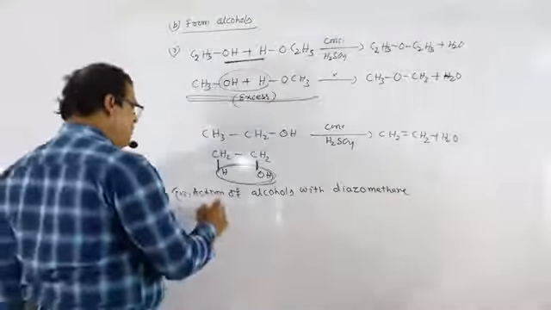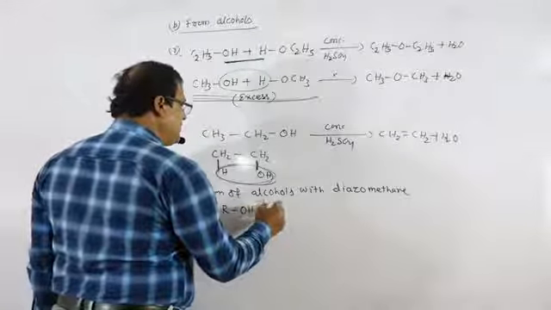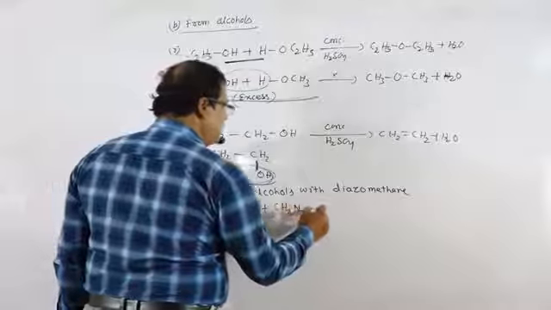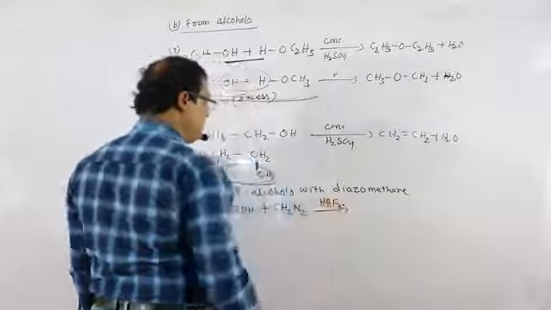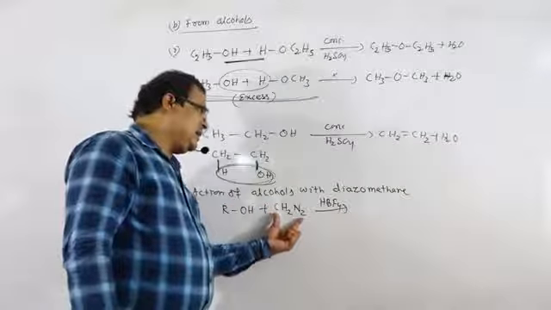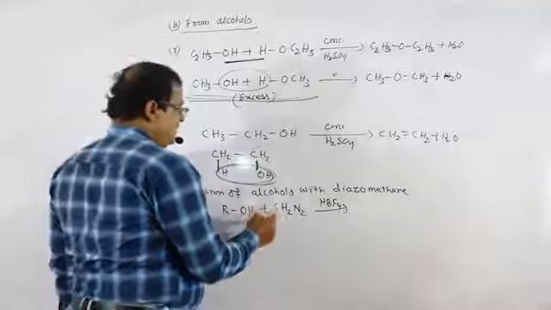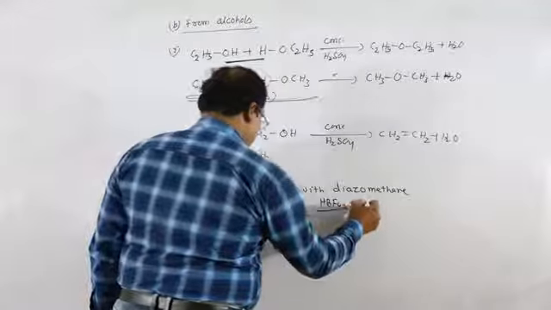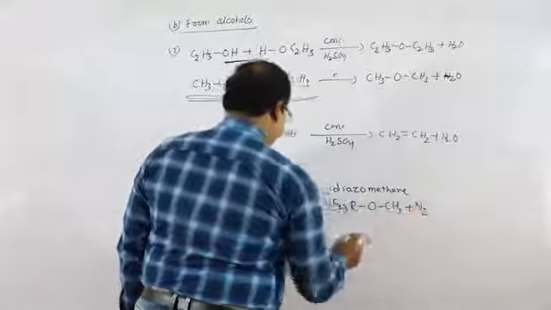For example, if you take ROH and treat it with diazomethane CH2N2 in the presence of HBF4, there is the formation of ROCH3 plus N2.